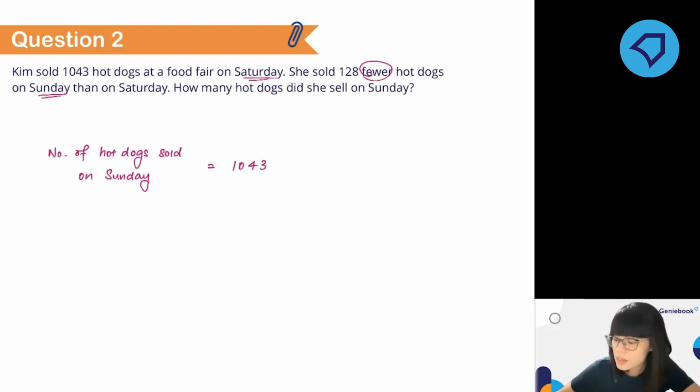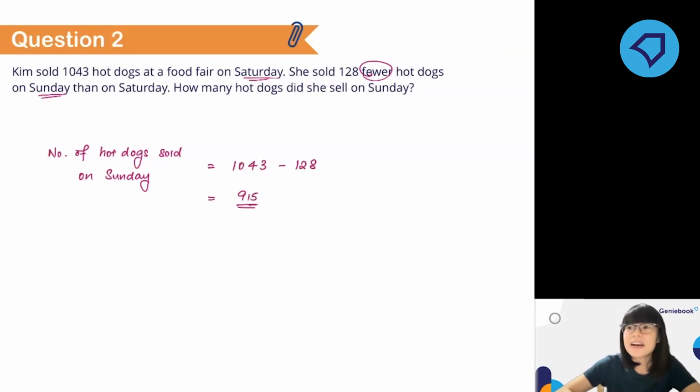So take 1,043 minus 128, and what should your final answer be? Esther, I think you need to do subtraction properly. 915, okay? Some of you give me 1,015. Make sure you do your subtraction correctly, okay? So do your column subtraction at the side.